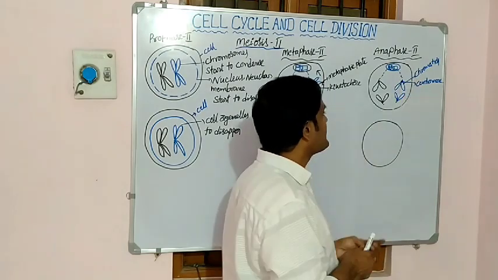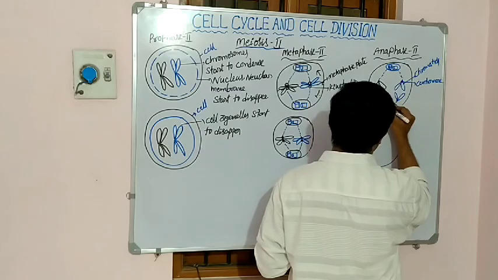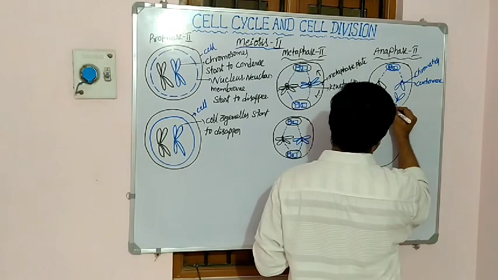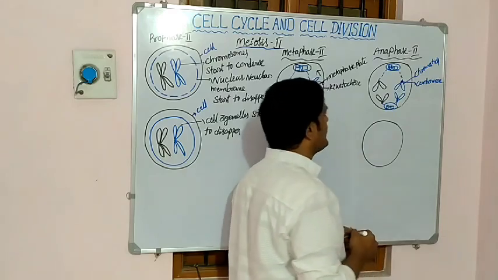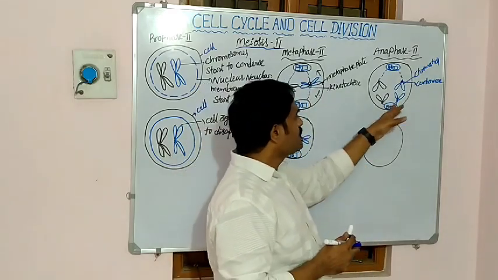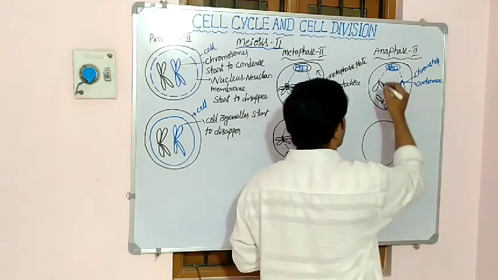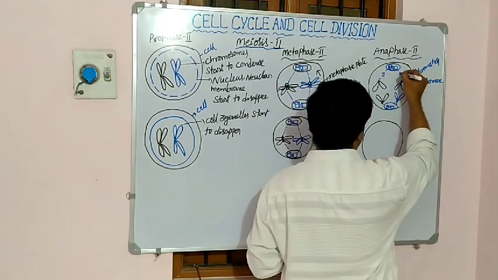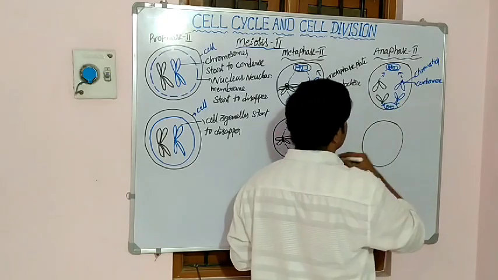So during this phase, what will happen here? See, this is the centrosome, and it pulls the sister chromatids to the opposite poles of the cell. Mostly the chromatids reach the opposite poles of the cell, remember.